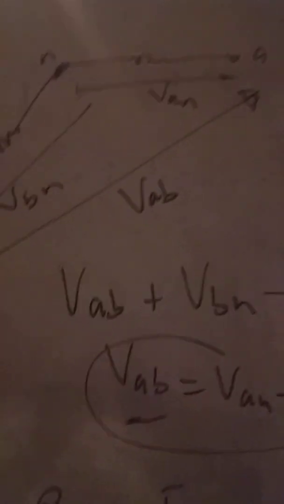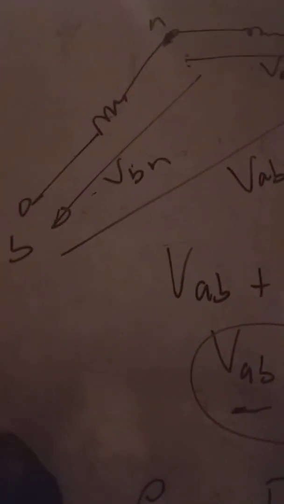Right. In the same manner, you can conclude that your VCA will be equal to VCN minus VAN. While your VBC also will be VBN minus VCN.